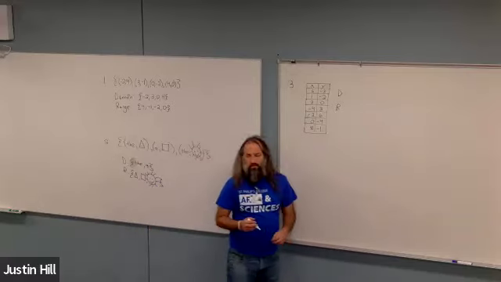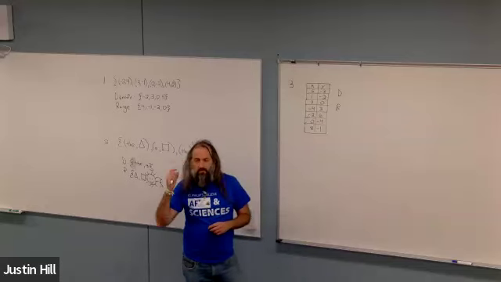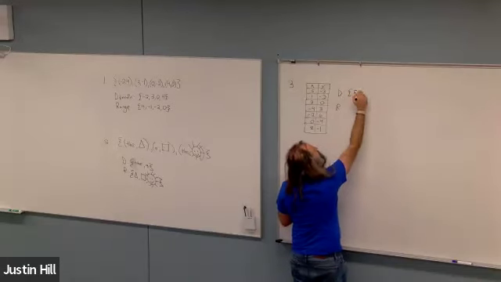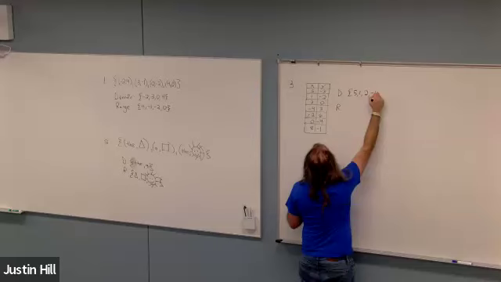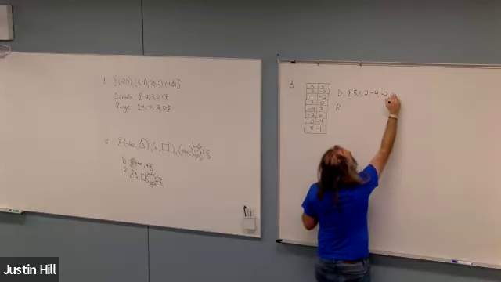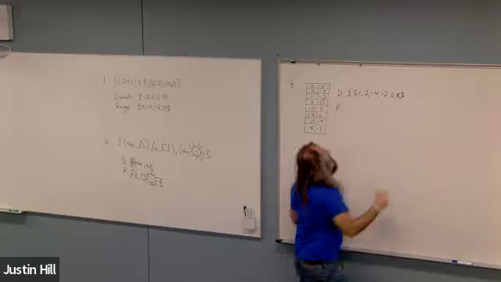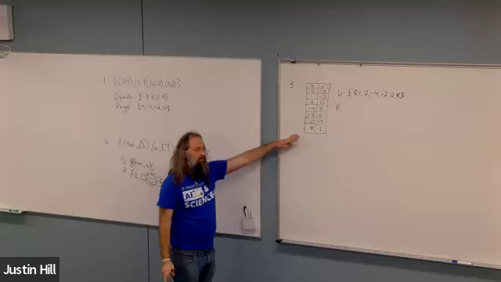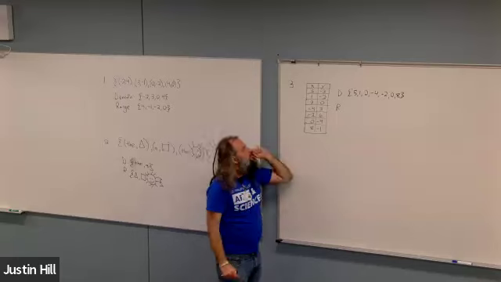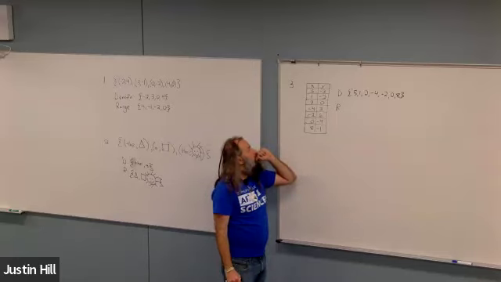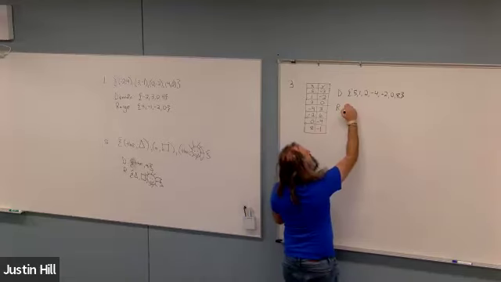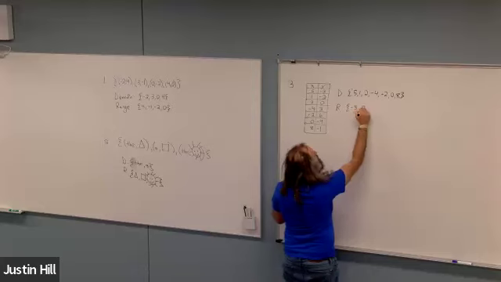What are you looking for in the domain? That's the nice thing about this, it makes it completely visual. What about the range? It's the Y's. So -3.